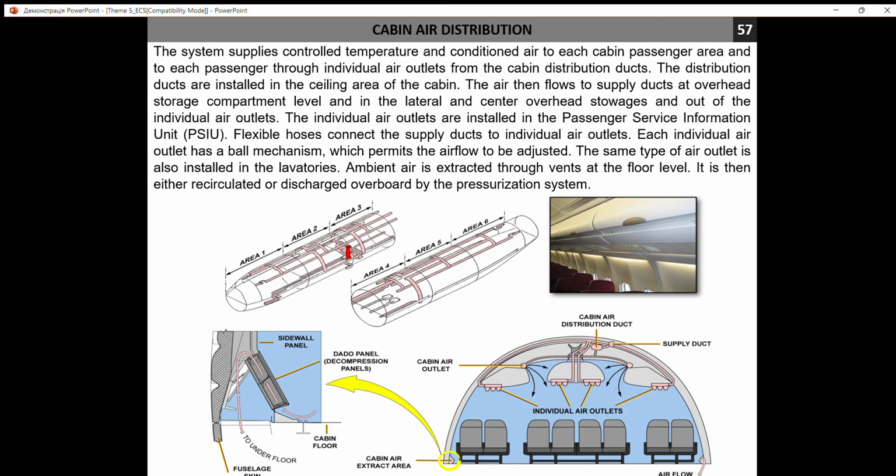And to avoid any significant damage to the aircraft structure, the floor design, we need to use these protective means. They are easily removed panels that will be blown out by the difference of pressure that may appear during the decompression. So they will be blown out and you have huge gaps through which the pressure will be equalized.